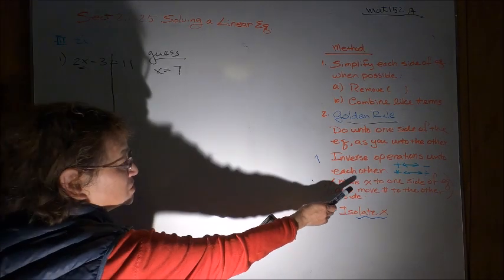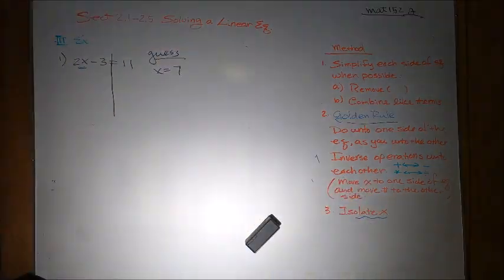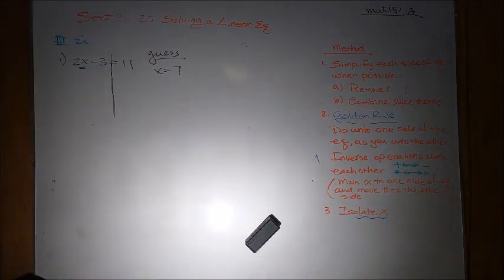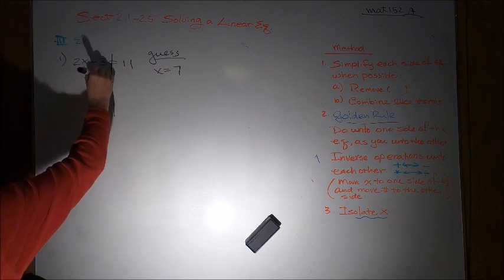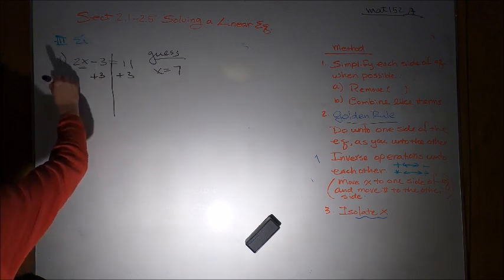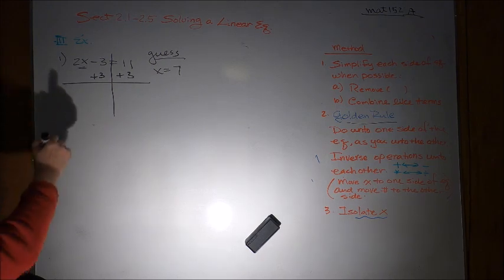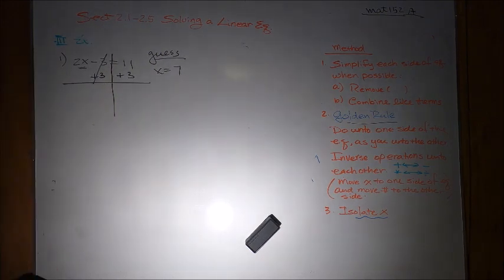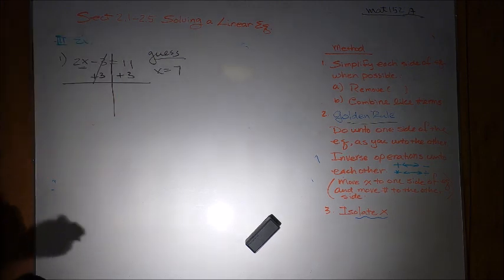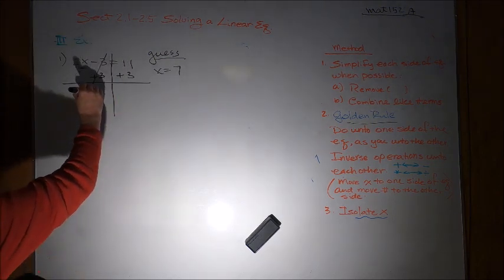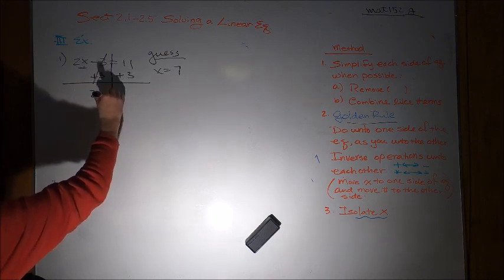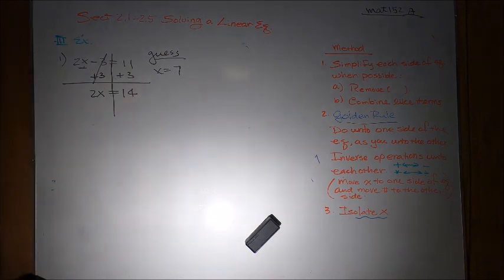Then by inverse operation, for negative 3, we do plus 3, so we can get rid of the 3. You do it to one side, you do it to the other side. We call it the golden rule, right? So this side ends up as what? 2x equals 14, right?